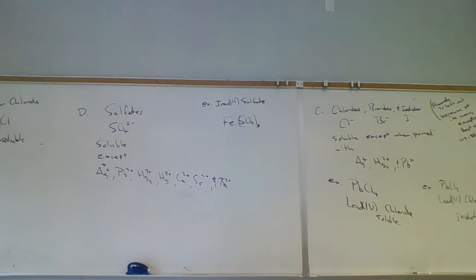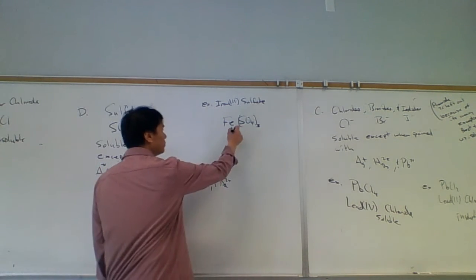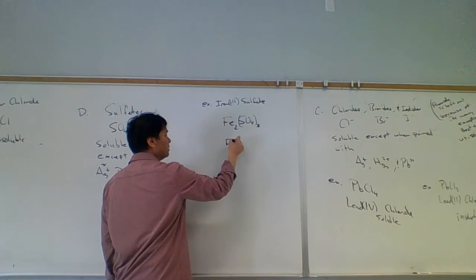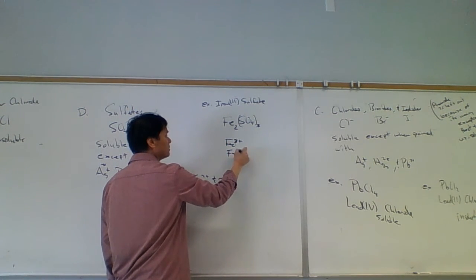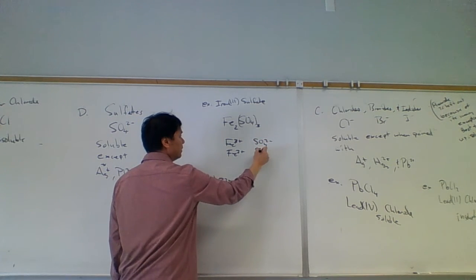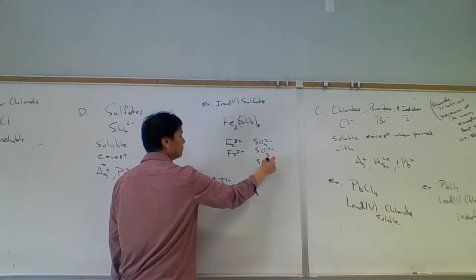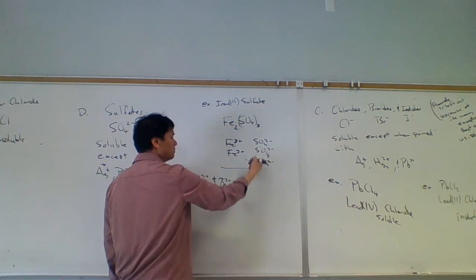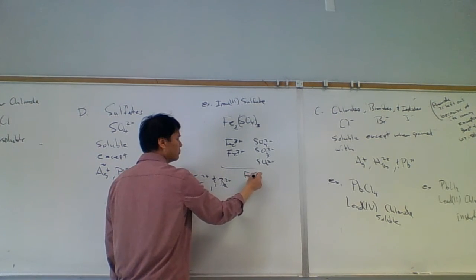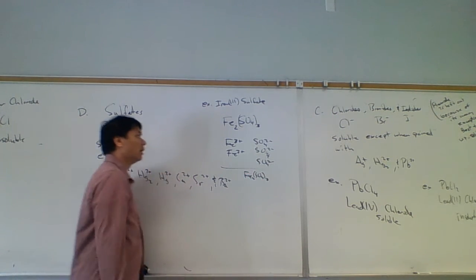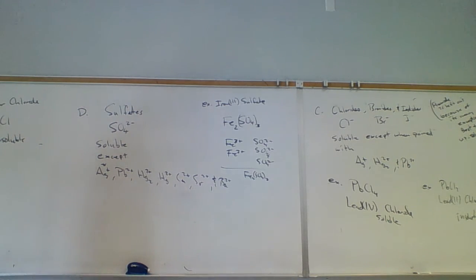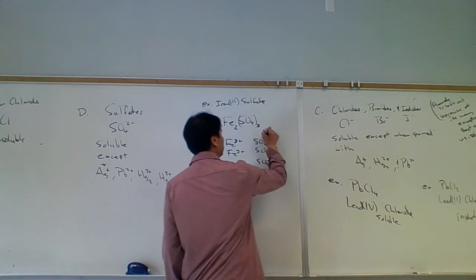Close, but Fe2(SO4)3. Basically, we need 2 of these iron 3 pluses, which gives us a total of 6 plus, and 3 of these 2 minus sulfates, which gives us 6 minus. So plus 6 totals, minus 6 total gives us Fe2(SO4)3. Iron 3 sulfate, is it soluble or insoluble? Yeah. Iron 3 sulfate should be soluble.